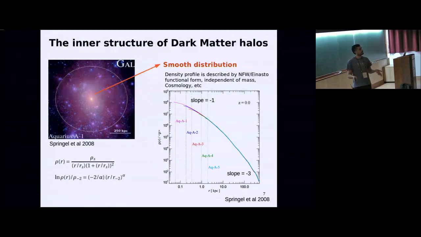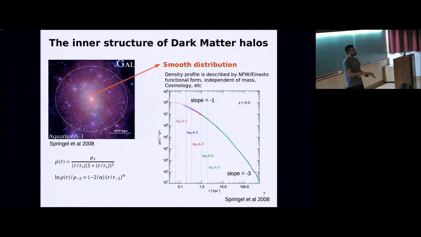This is the very famous Navarro, Frenk, and White profile, the NFW profile, that was noticed by them back in '97, I believe. It means that halos are very dense in the center, and the density decreases as a power law in the outskirts.